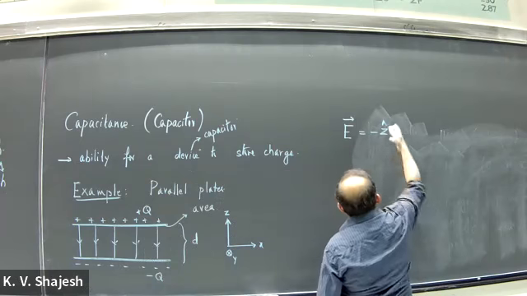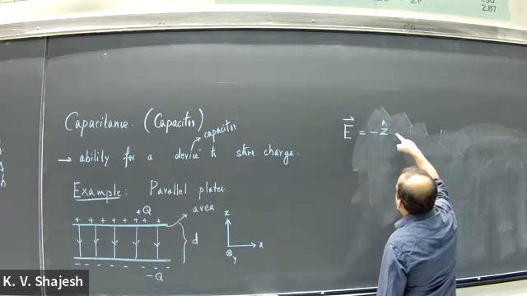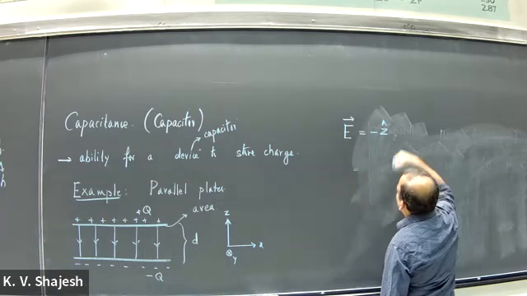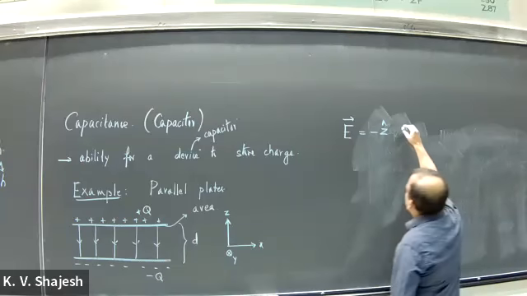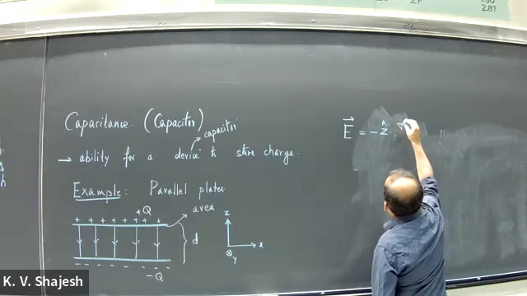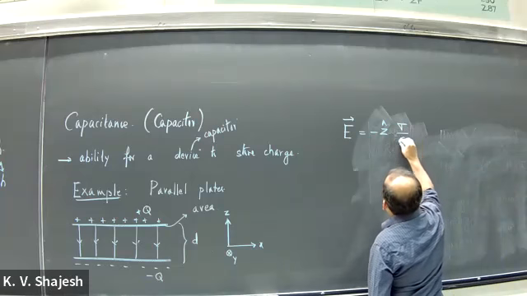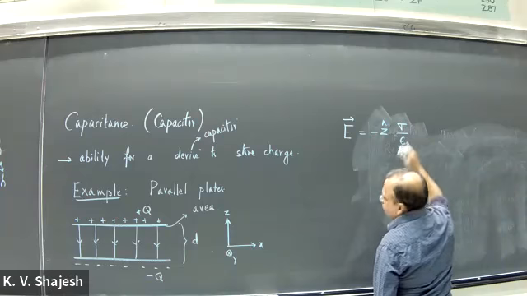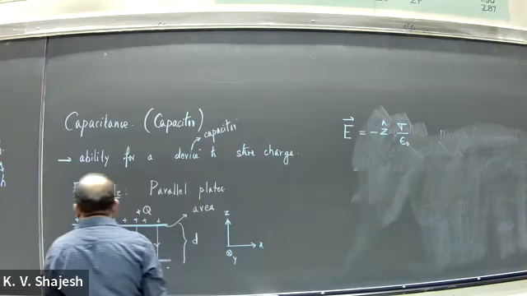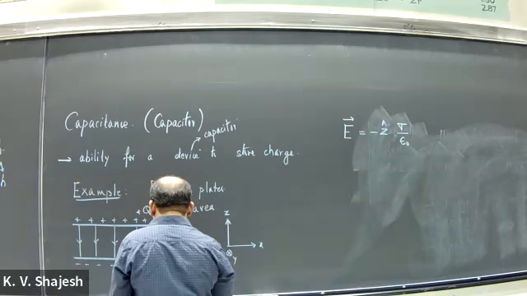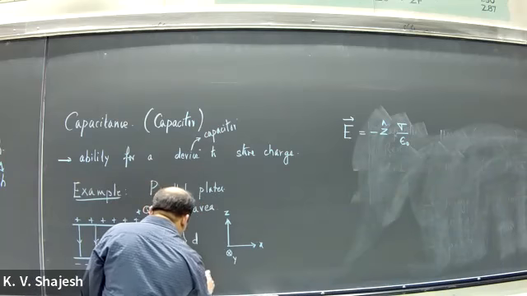or minus k hat, either way, times what is the magnitude of the electric field? That's decided by the charge density. It's the formula we derived: sigma over epsilon naught. We are saying that this is a conductor also. So let's introduce that idea: area, and let's say this is a conductor.